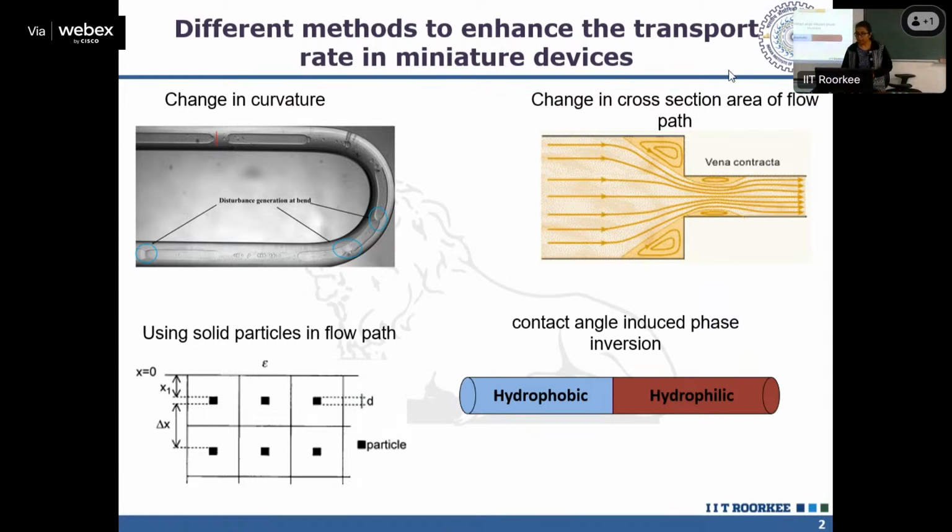As I mentioned earlier also, there are a few ways to intensify the transport rate within a micro channel or mini channel further. How? By inducing some change in curvature, that is precisely what we discussed in the last class.